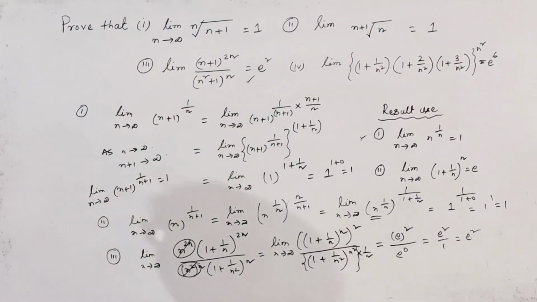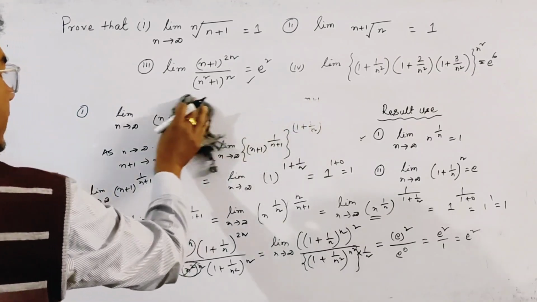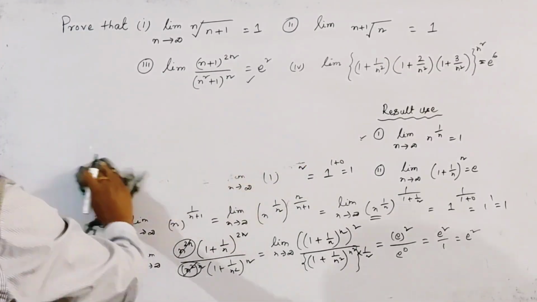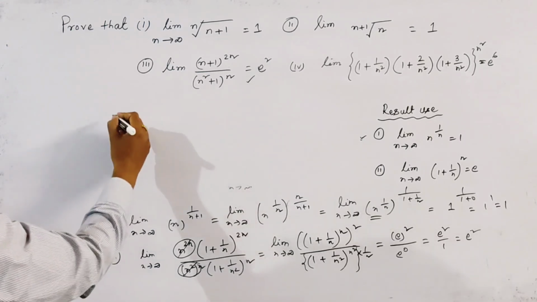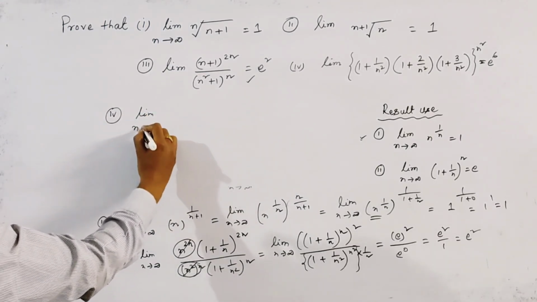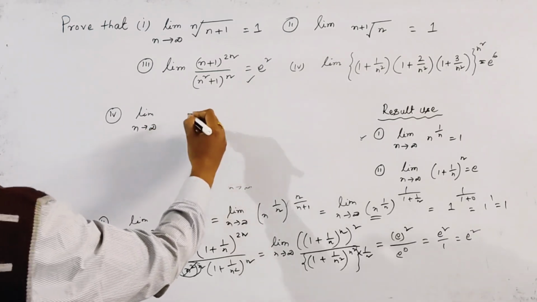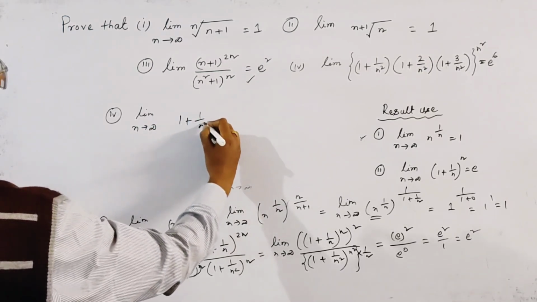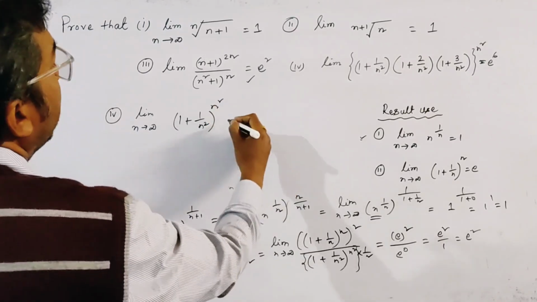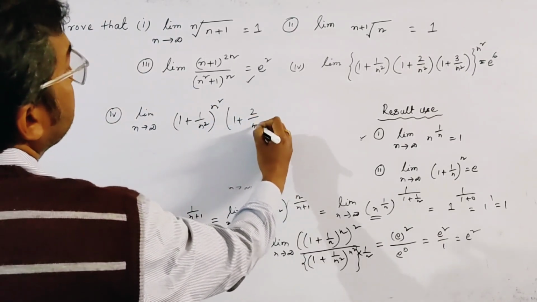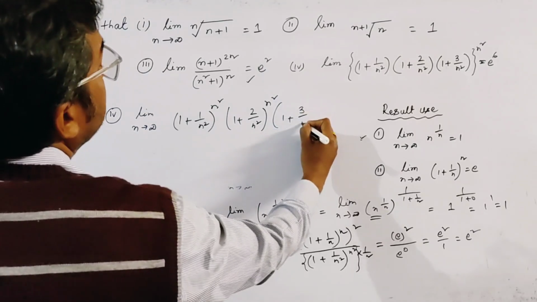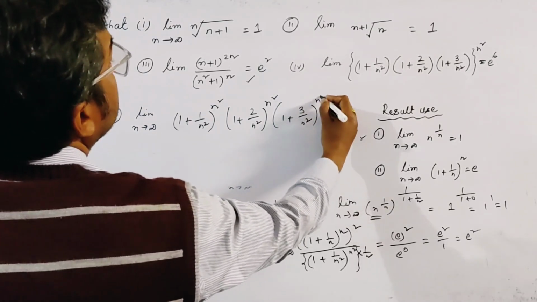Now for the last problem, the limit as n tends to infinity is 1 plus 1 by n square to the power n square, times 1 plus 2 by n square to the power n square, times 1 plus 3 by n square to the power n square.